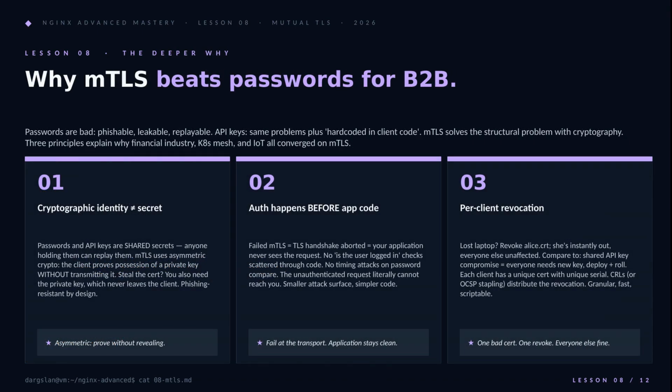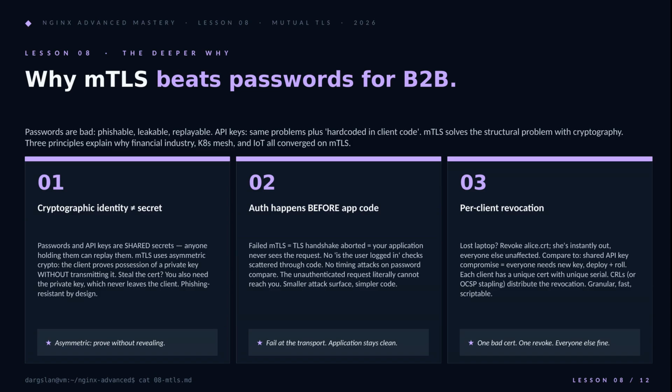So why did finance, Kubernetes service meshes, and IoT all land on this same pattern? 3 reasons. 1. A password is a shared secret. Whoever holds it wins. A private key never leaves the client, so stealing the cert alone gets you nothing. 2. Failed mTLS dies at the handshake, before a single line of your app runs.